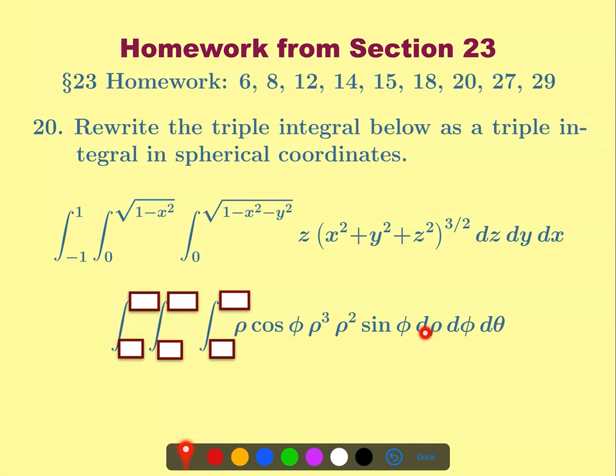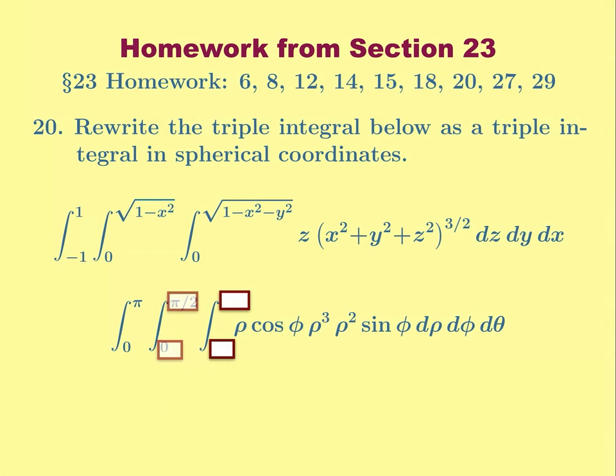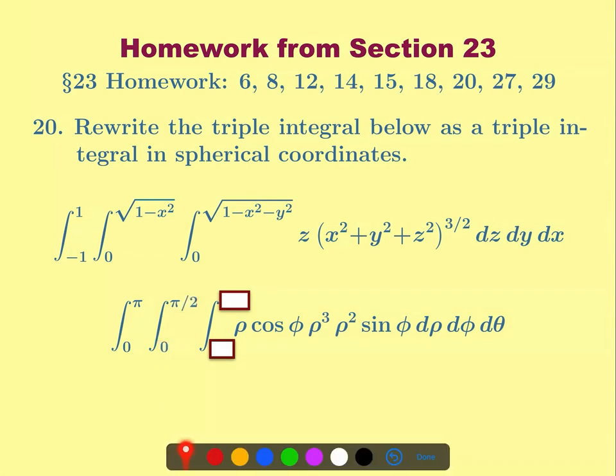And then rho is just going to go from the origin to the sphere, and the sphere was of radius 1. So rho will go from 0 to 1. So theta again goes from 0 to pi, from the positive x-axis to the negative x-axis in the xy plane. And phi again goes from 0 to pi halves. And again, that's coming from the fact that this quarter of a sphere we're looking at has its bottom on the xy plane, and then it comes up to the z-axis.